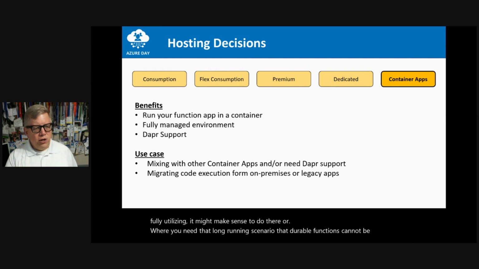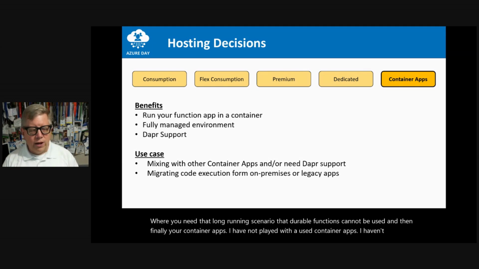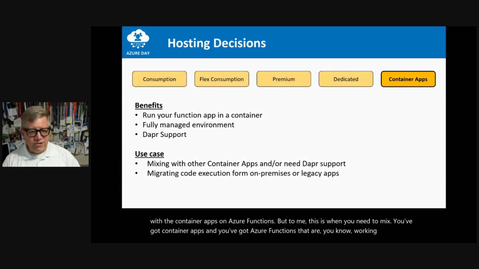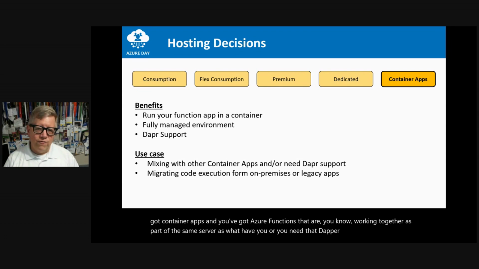And then finally, your container apps. I've got to admit, I use container apps, but I haven't played with the container apps on Azure Functions. But to me, this is when you've got container apps and you've got Azure Functions that are working together, as part of the same servers or what have you. Or you need that Dapr support because that is one of the benefits you get in here.